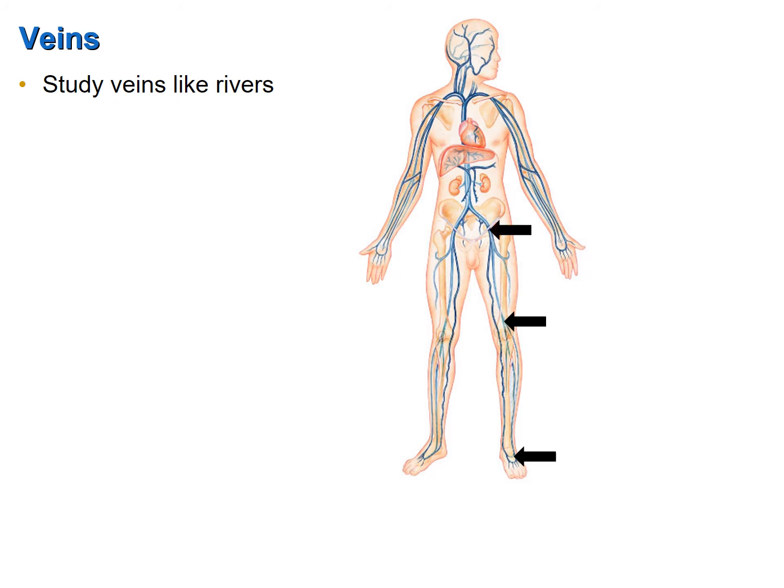Eventually all the blood being drained from the lower appendages flows into the inferior vena cava, and for those parts of the body that are superior to the heart and the upper appendages, that blood eventually flows into the superior vena cava. So we study the veins in the exact opposite way that we studied the arteries.